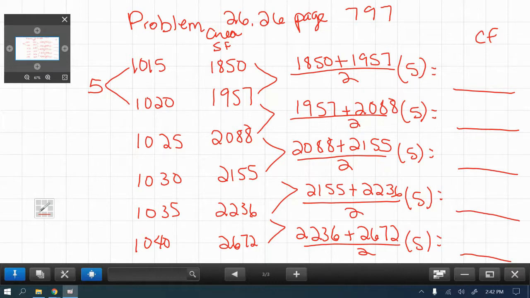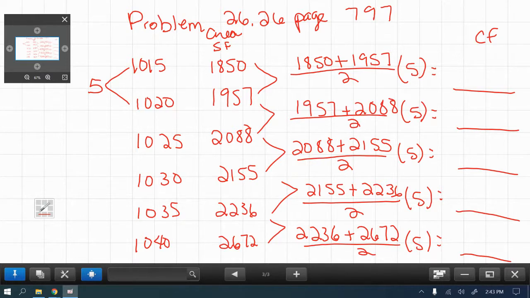Acre foot is 43,560 square feet in an acre. An acre foot is 1 foot deep. So when we get our answer, you just divide it by 43,560, and that'll be your acre foot.